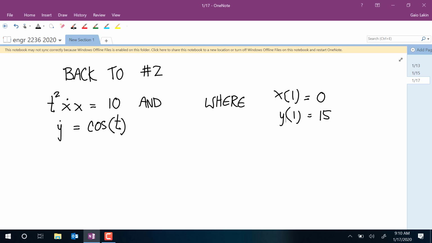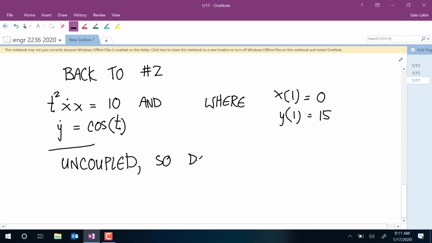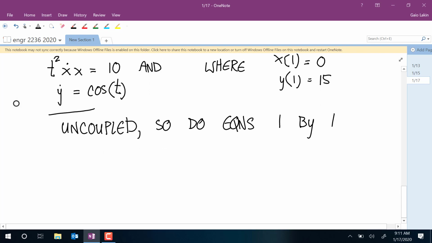Okay, so look at this system of differential equations, 2 differential equations, and are there any y's in the x's or x's in the y's? No, this is uncoupled. So now you just have to make sure that you can solve it by separation of variables. So I'm going to do x first. Do the equations one by one. So the x equation says t squared x dot x is equal to 10.